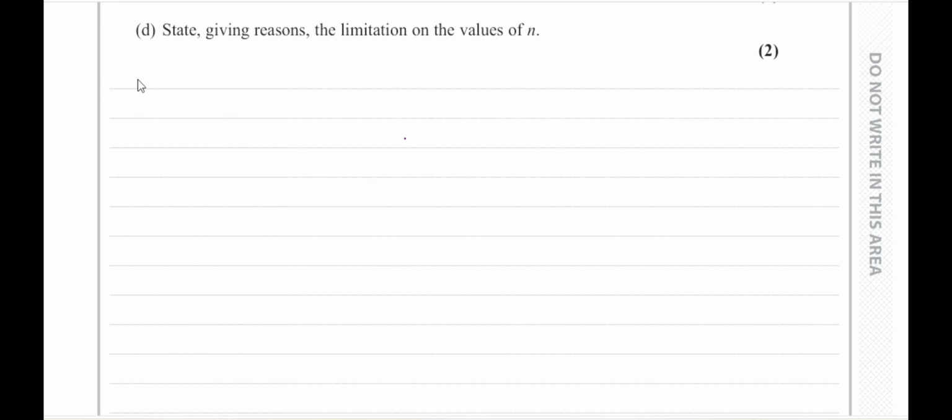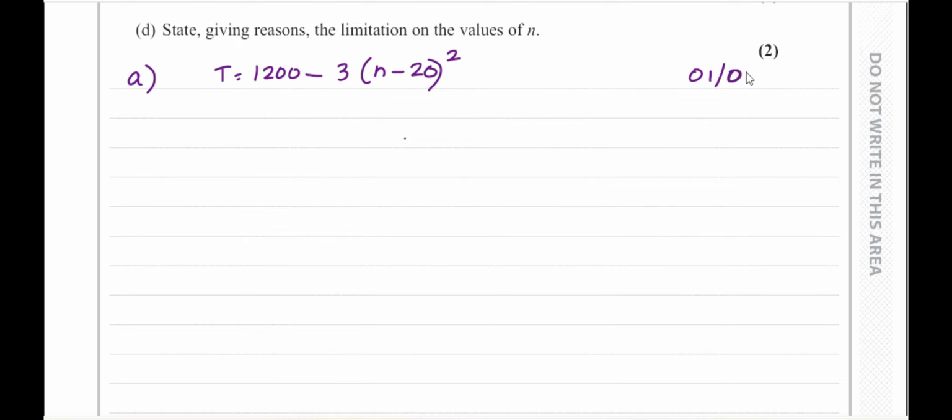So writing the equation once again, T equals 1200 minus 3 bracket n minus 20 to the power of 2, and the mining started on 1st January 2019. Therefore, 1st January 2020 will be 1 year.